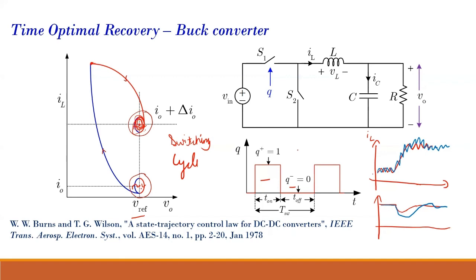This is a quite advanced concept. There are ways in which we set a switching boundary, and based on that switching boundary, when the controllers are tuned appropriately, it can achieve this operation.